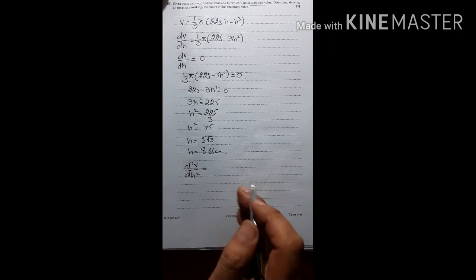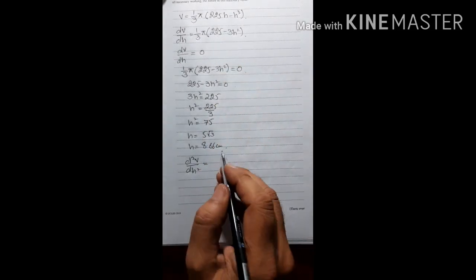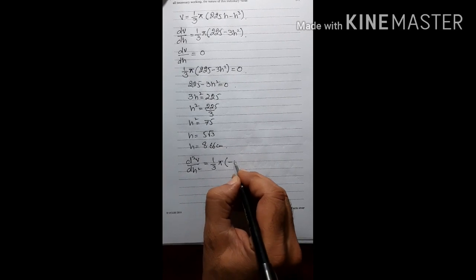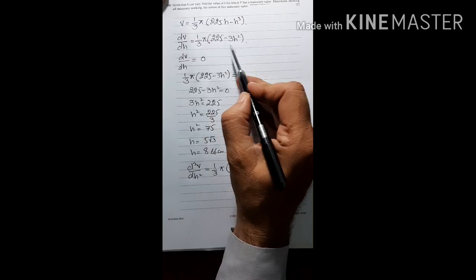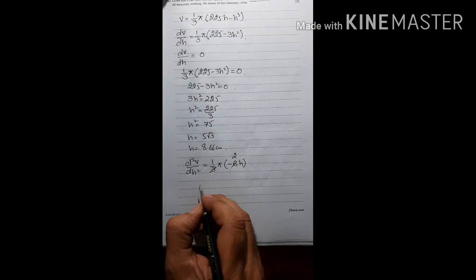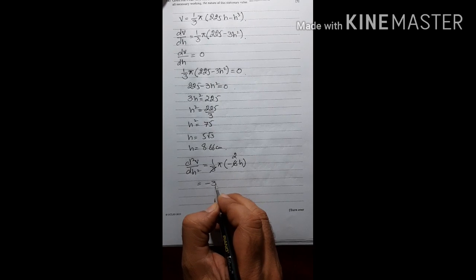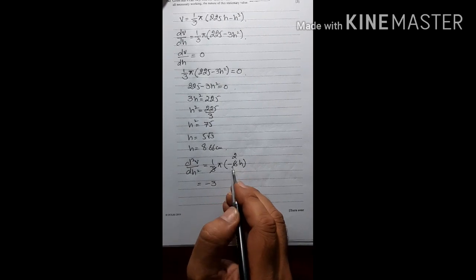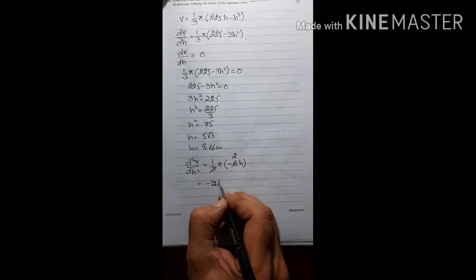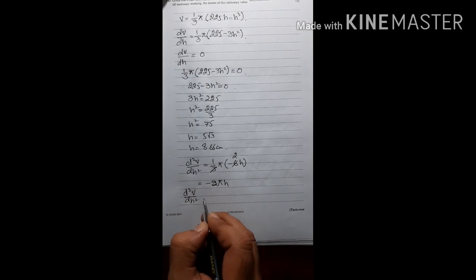So it will become 1 over 3 pi (minus 6h) if you take the double derivative of this. So this will become minus 2 pi h.